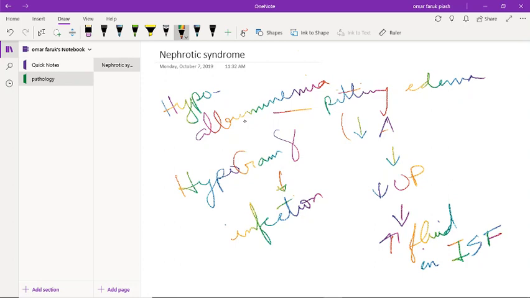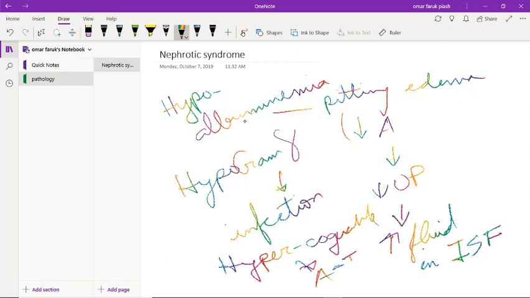There is hyperlipidemia and hypercholesterolemia, and there is a hypercoagulable state. It is due to antithrombin 3 deficiency.